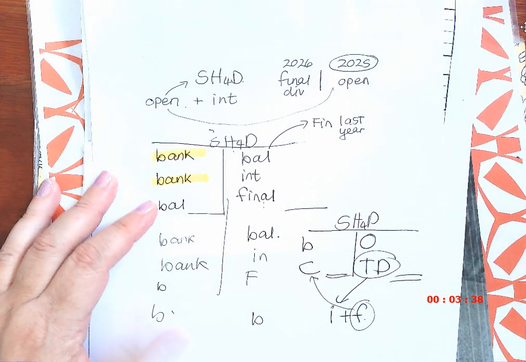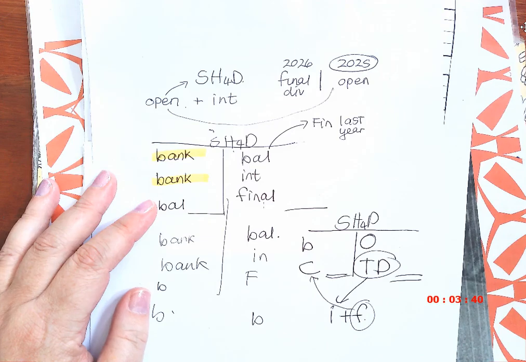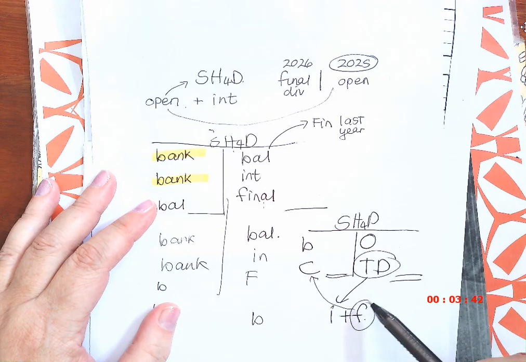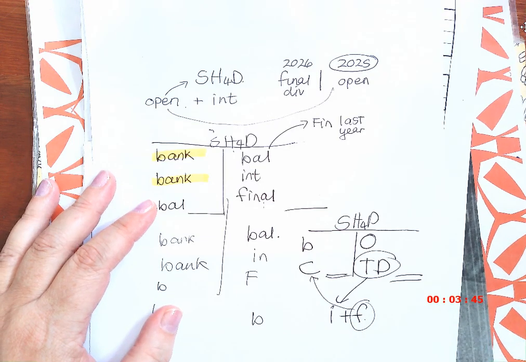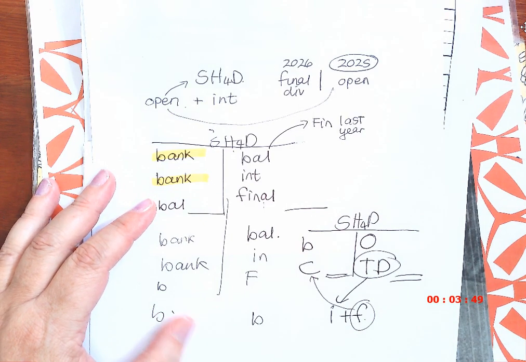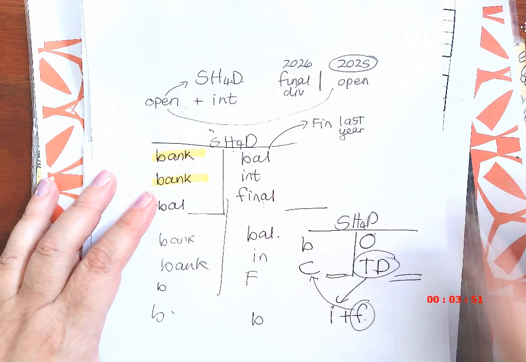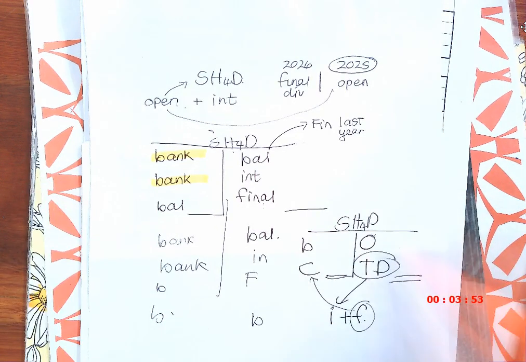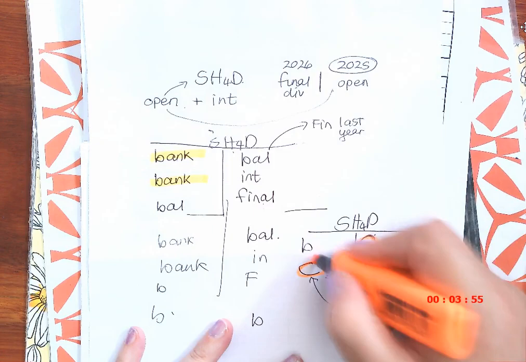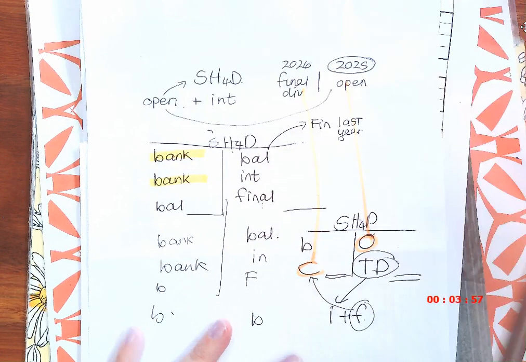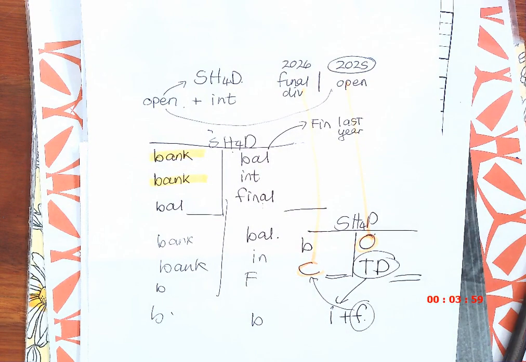So can you see the only one they literally have to give you is the interim. Okay. So now you have to look at what the information is they give you. So that opening and closing is literally the things that I find there in the trial balance.